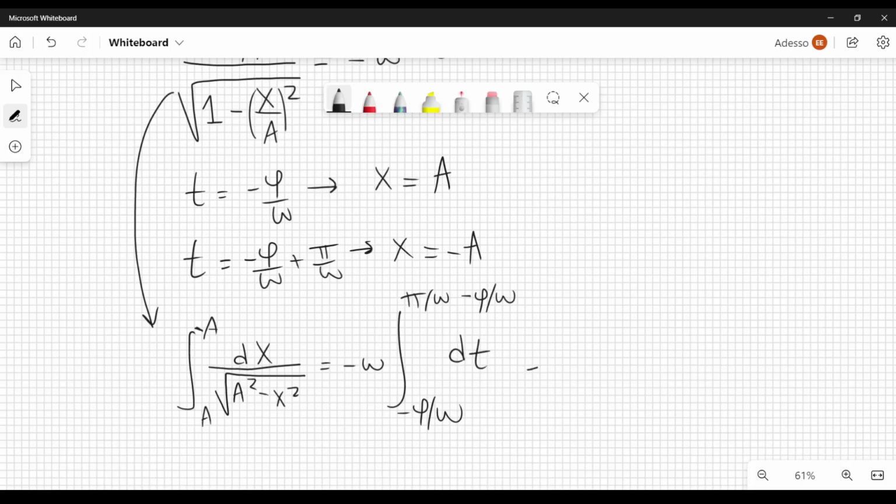Now the integral on the right is easy to check. It will give us minus omega times pi over omega, so it's minus pi.